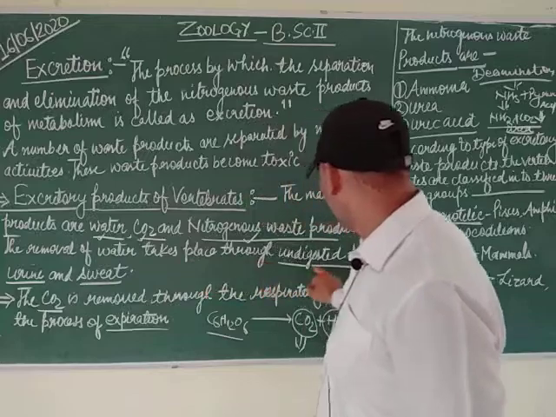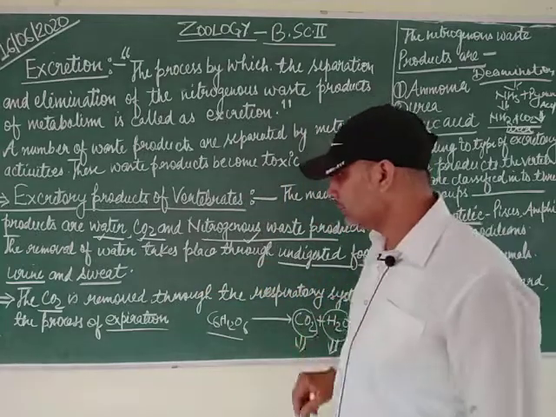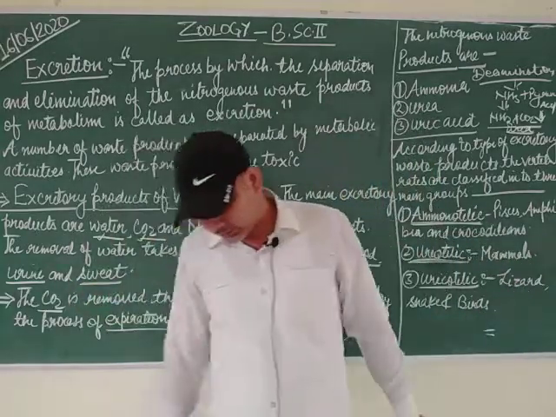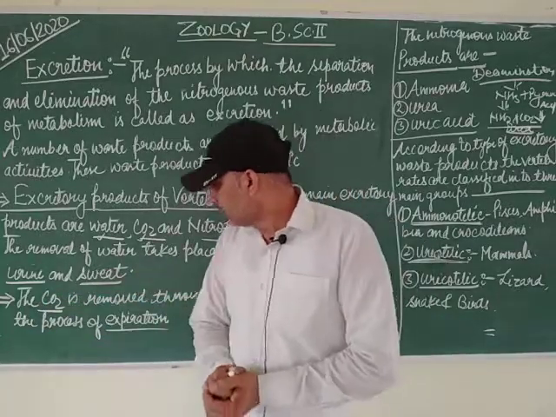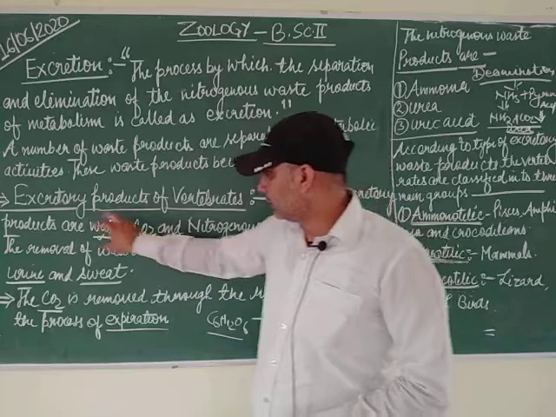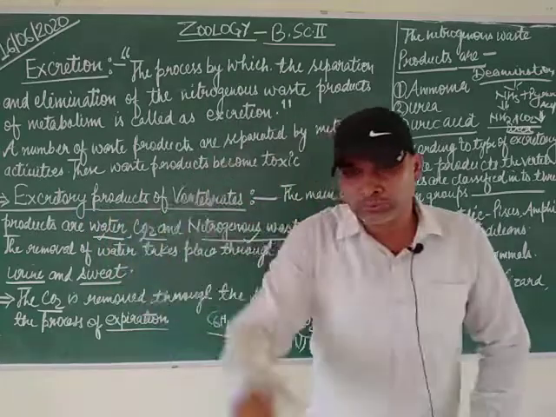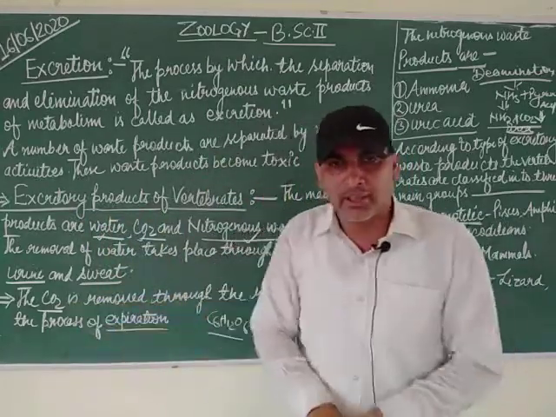The first thing is the removal of water from the body, which takes place through undigested food material, urine, and sweat. These are the forms of excretory products which go outside of the body through a mechanism.